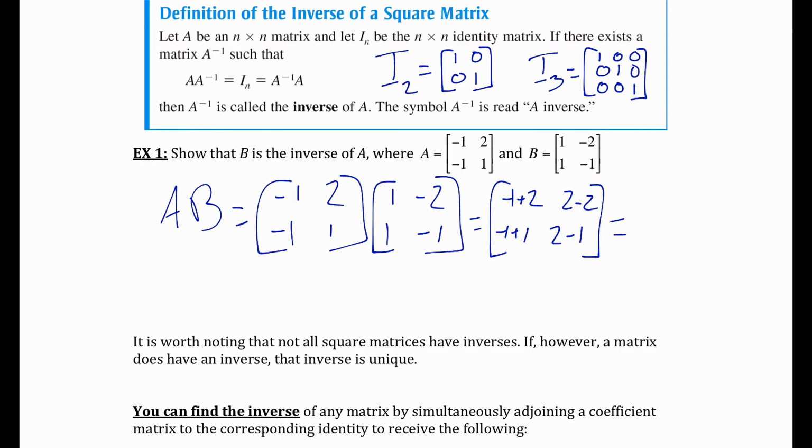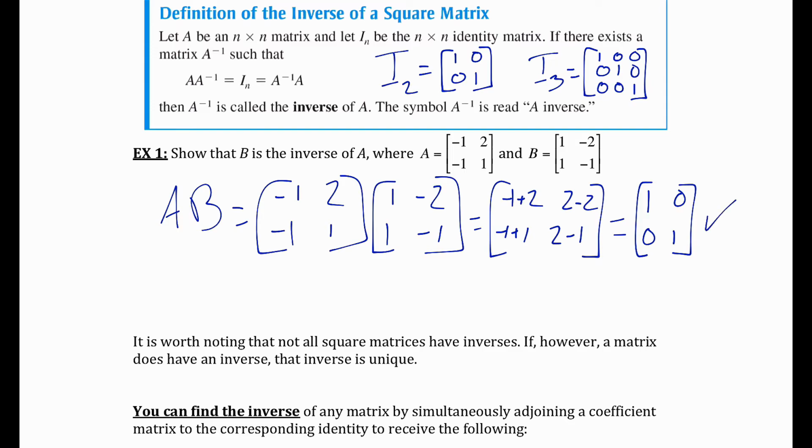Cleaning this up, -1 plus 2 gives us +1, 2 minus 2 gives us 0, -1 plus 1 is also 0, and finally 2 minus 1 gives us 1. So it ends up as the identity matrix.